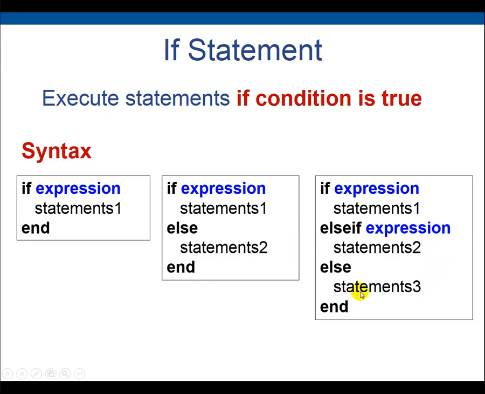If it is true, then it does not go to the else; it stops here. If none is true, then it goes to the else, and statement 3 will show up. And this is the end of this if statement.